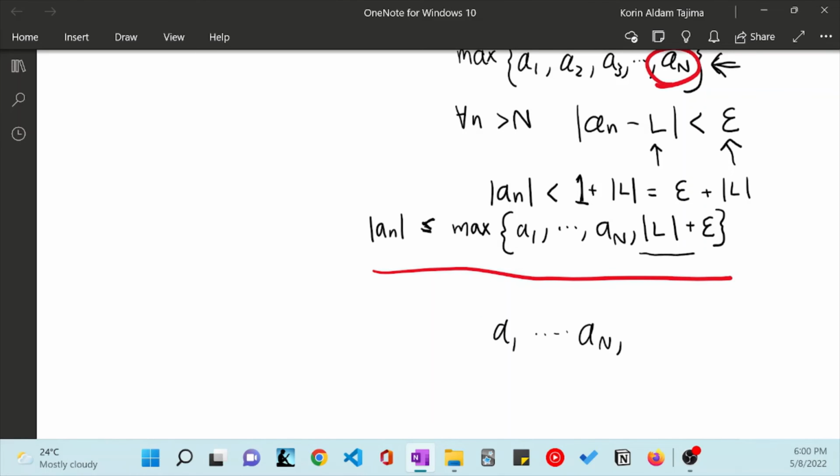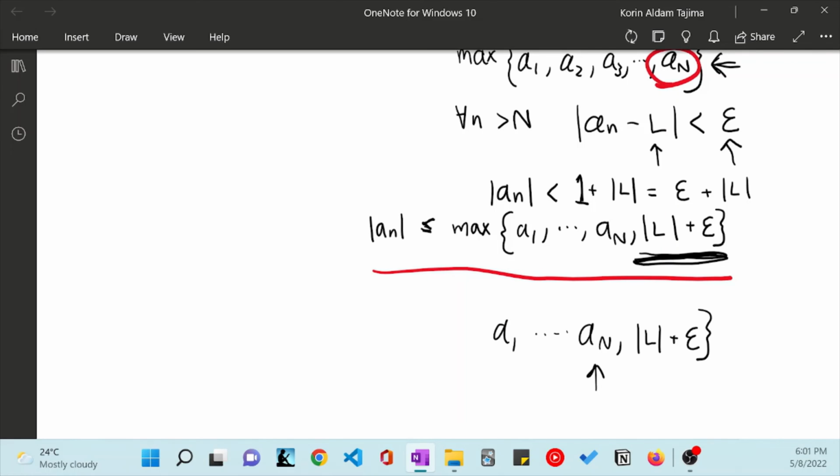What is this strange absolute value of L plus epsilon? Well, our limit definition said we wanted every value after this a sub large n to be within epsilon of our limit, okay? And we know that they are, because this sequence converges, right?